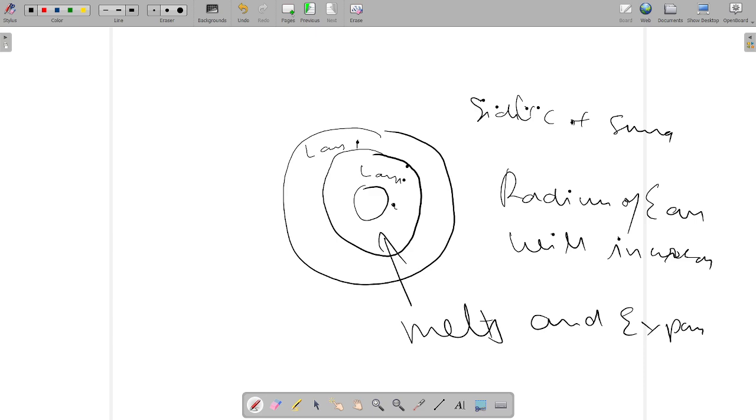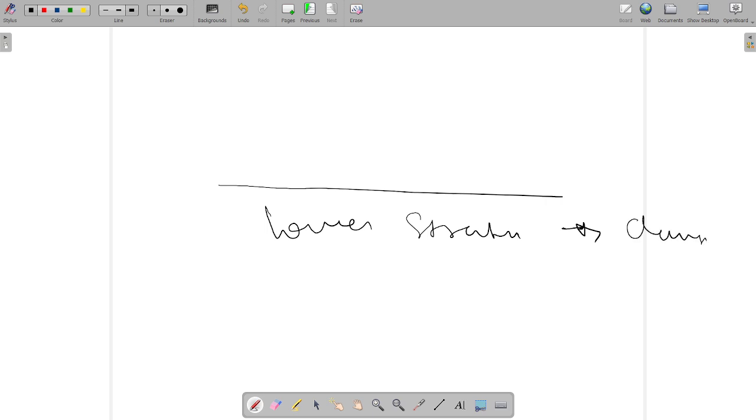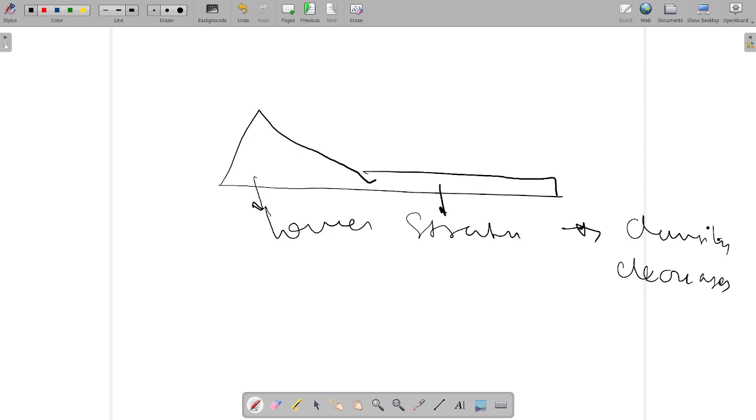The next thing that happens is, since the lower stratum has melted, इसकी डेंसिटी डिक्रीज करेगी. Density decreases because it is now in liquid state. So when density decreases, the sialic layers and the upper substratum now take a dip. अब इसमें डूबते हैं.